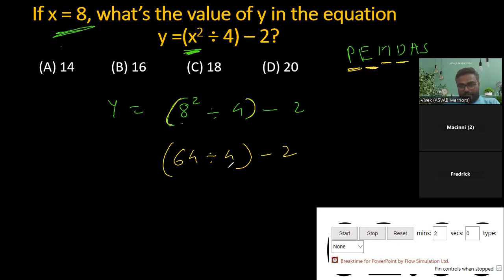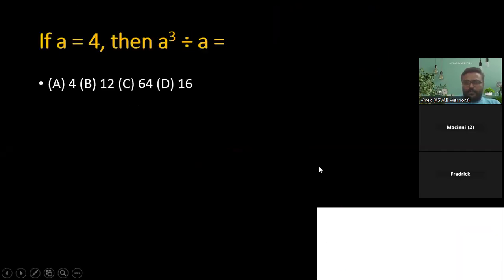So 64 divided by 4 is 16 minus 2. So 16 minus 2 is nothing but 14. So these substitution questions are very, very easy. Do not miss them out. If they say x is equal to 8, just put that 8 into that equation and get done with it. Do the required calculations and solve it.